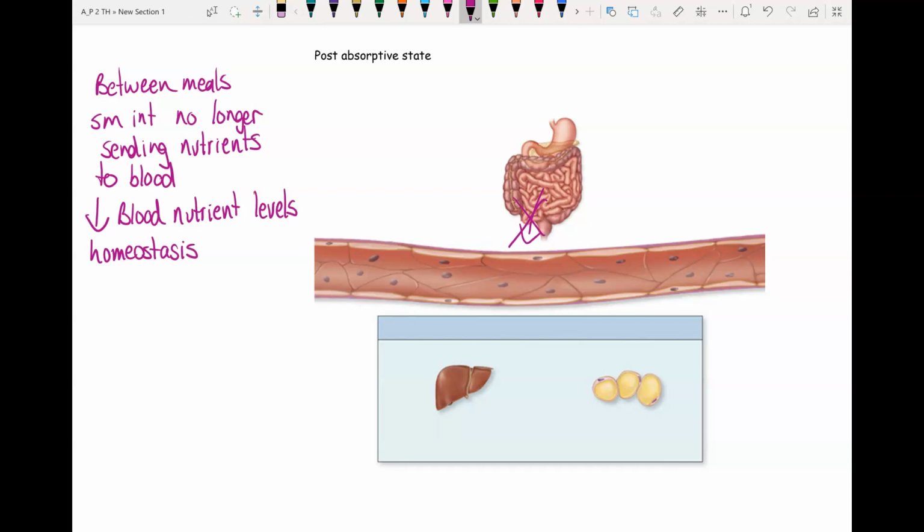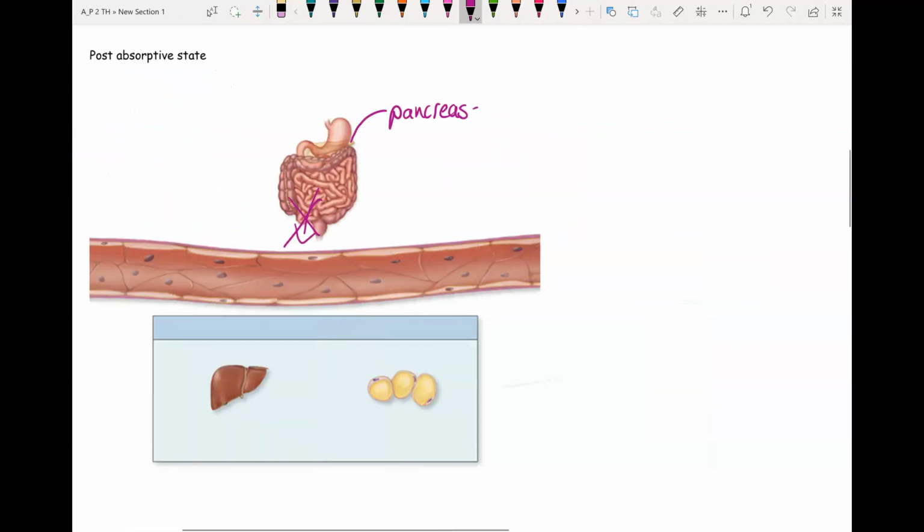So now your pancreas is again going to respond. The pancreas will respond to the drop in glucose. And it secretes glucagon.